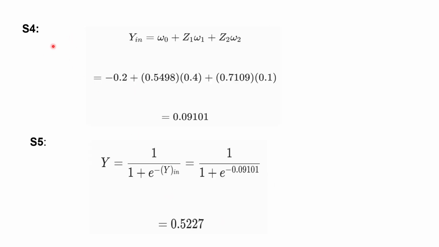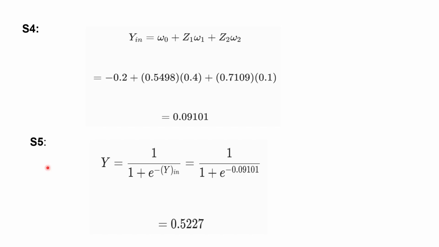In step 4, we calculate the input to the output layer, that is represented as Yin. Yin is calculated using the formula Yin equal to W0 plus Z1 W1 plus Z2 W2. By substituting the values, we obtain the result as 0.09101.